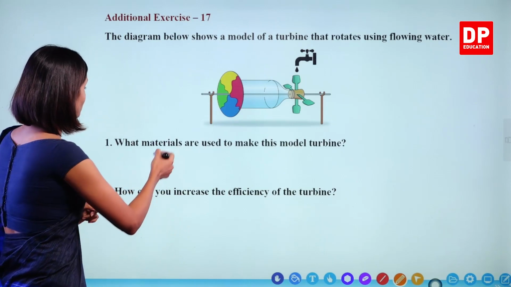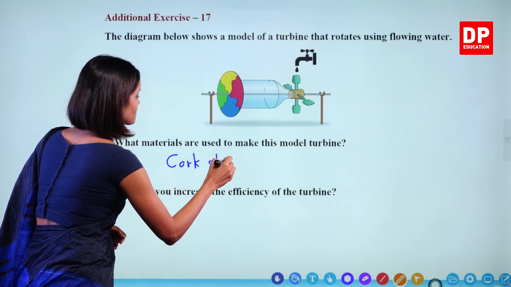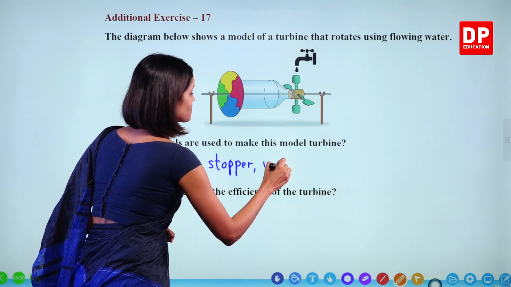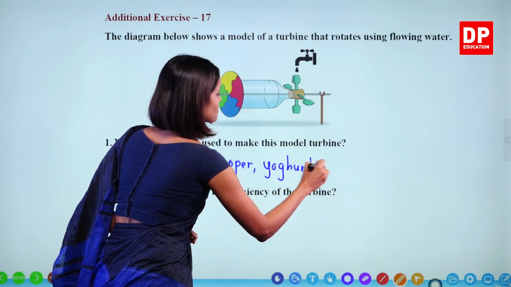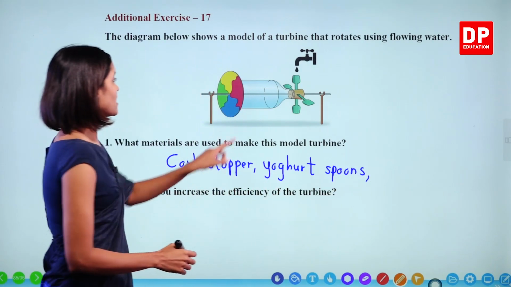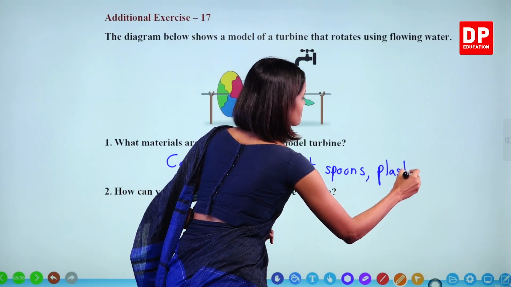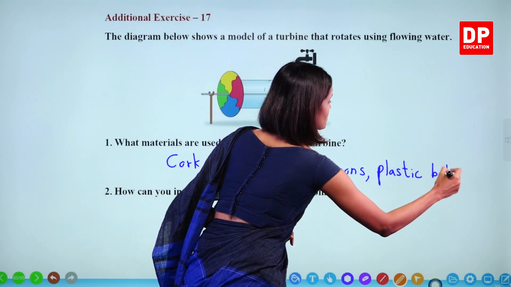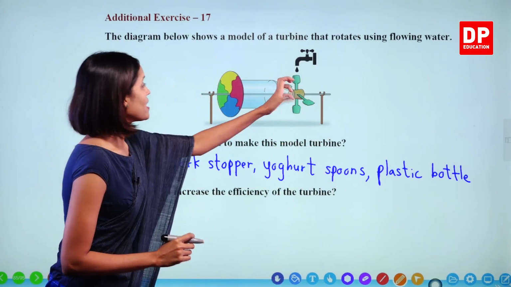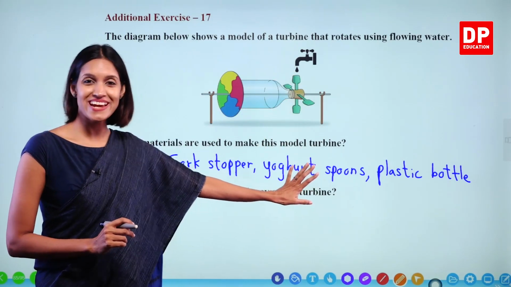We will write cork stopper, yogurt spoons, and we can use a plastic bottle. However, the main part, the turbine part, was made with cork stopper and yogurt spoons, right?